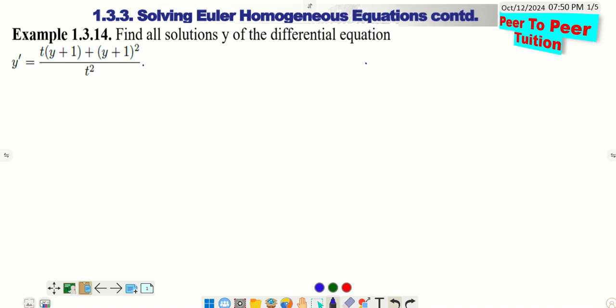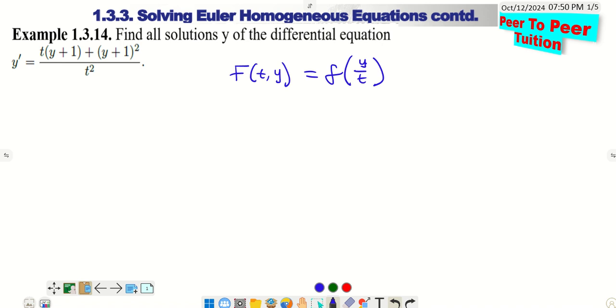Whenever a differential equation can be written in the form f of t of y equal to f of y on t, then we see that this differential equation is an Euler homogeneous equation.